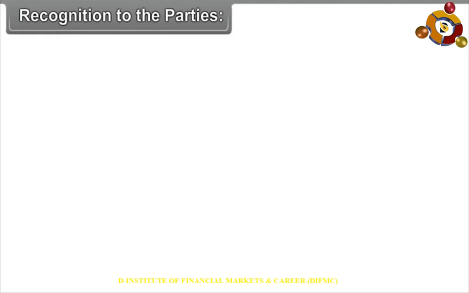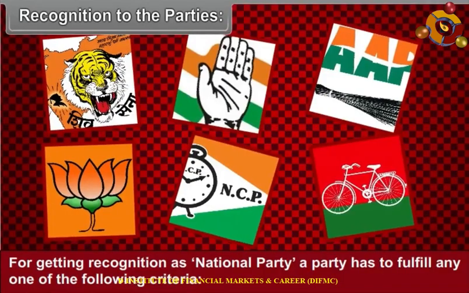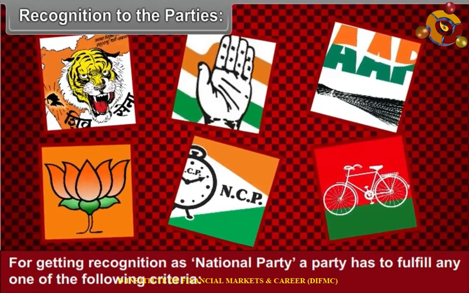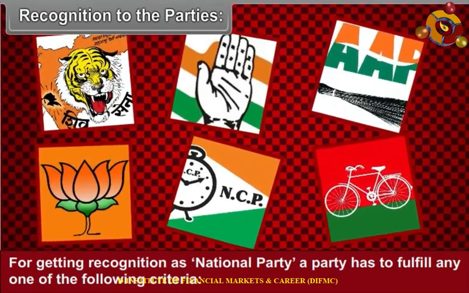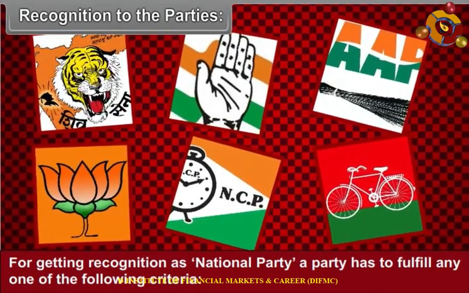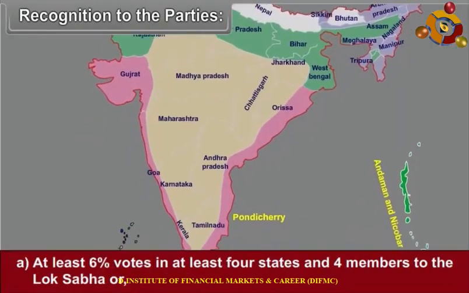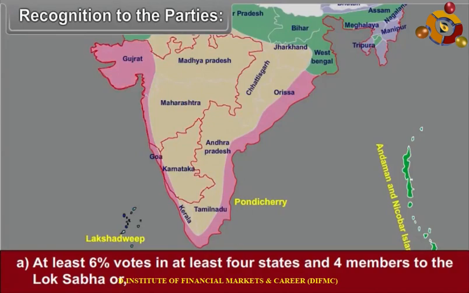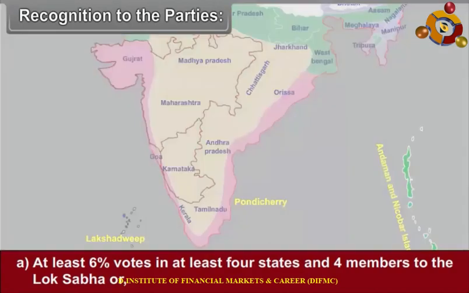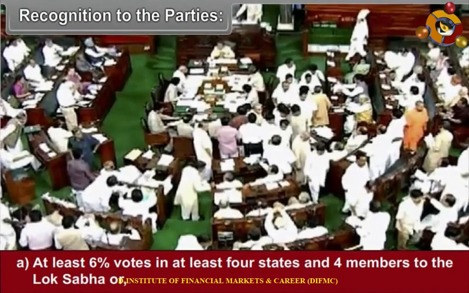Recognition to the parties. For getting recognition as a national party, a party has to fulfill any one of the following criteria. A. At least 6% votes in at least 4 states and 4 members to the Lok Sabha.